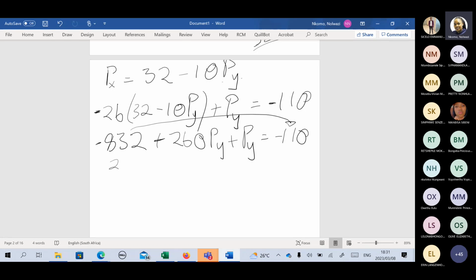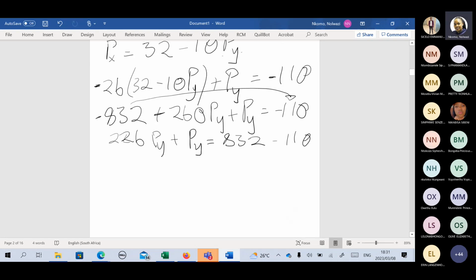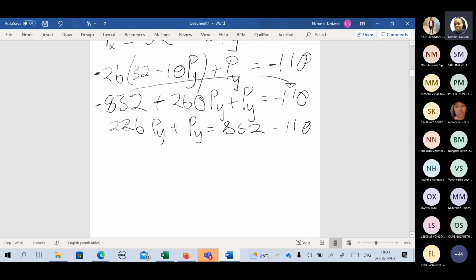If we do that, we'll have 260 PY plus PY equals 832. Remember, it changes the sign, minus 110. Then we can group the like terms, this term and this term, right?